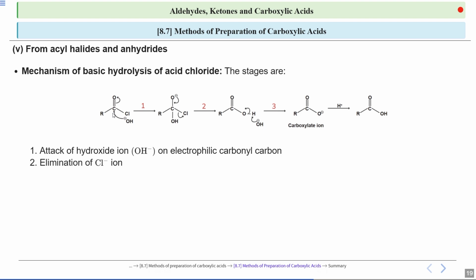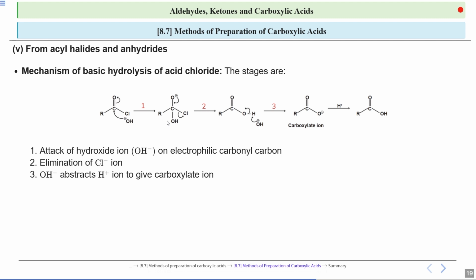Next, we see the elimination of the chloride ion. This occurs after the hydroxide ion has attacked the carbonyl carbon and formed this tetrahedral intermediate. Now the chloride ion, which is a good leaving group, is expelled, which helps to stabilize this intermediate.